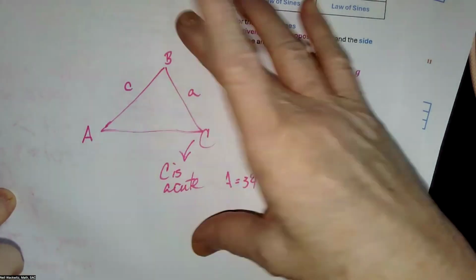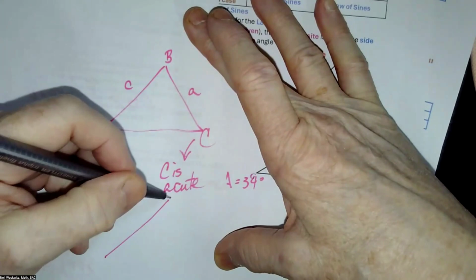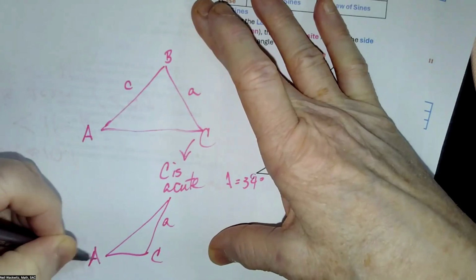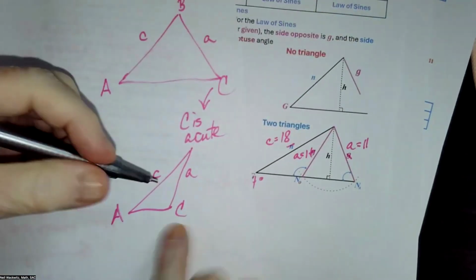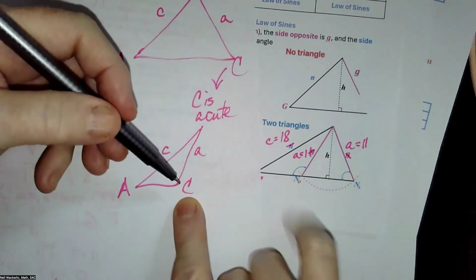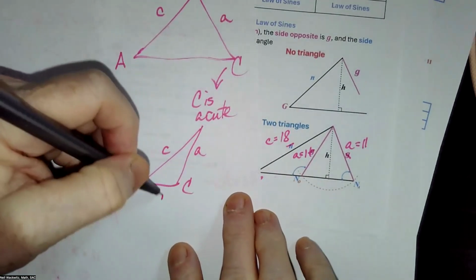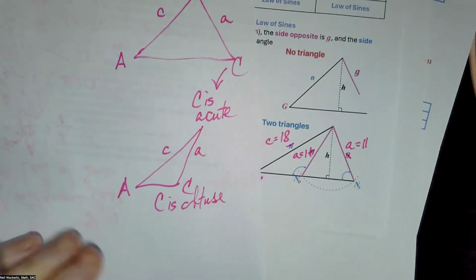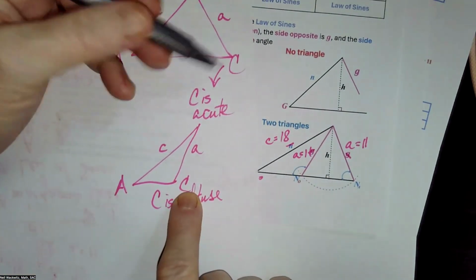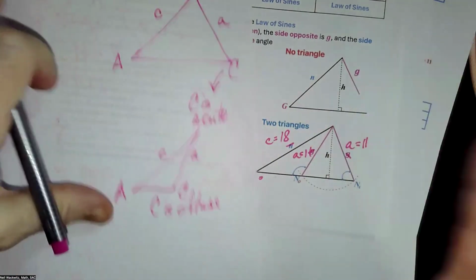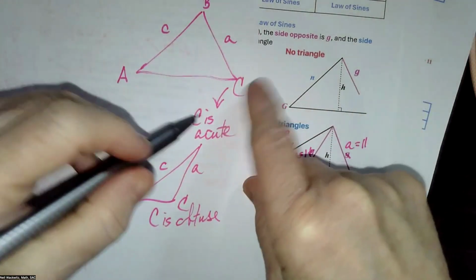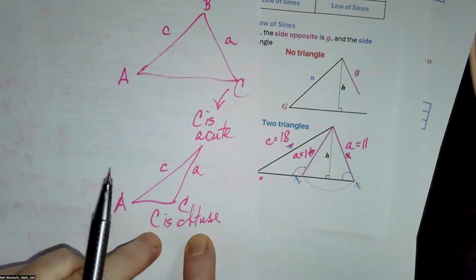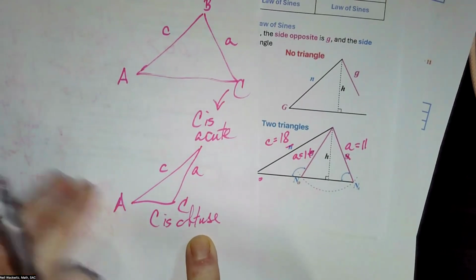And then we'll have a second triangle with side a, angle C, angle A, little c, where this angle C is obtuse. So we're going to have two angle C's, two whole triangles. One triangle will use the acute value of C. The other triangle will use the obtuse value of C. And now let's see how we get to those.